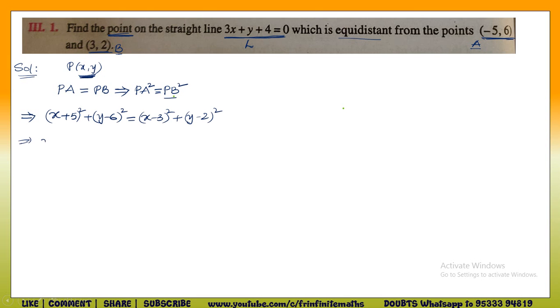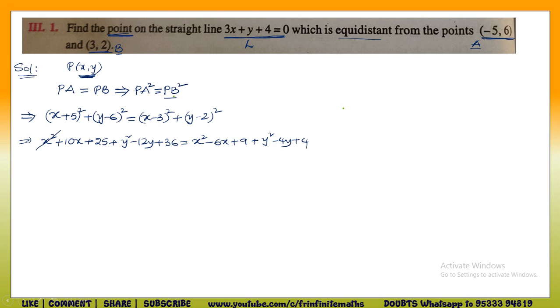Now on expansion, we get x square plus 10x plus 25 plus y square minus 12y plus 36 is equal to, on the right hand side, x square minus 6x plus 9 plus y square minus 4y plus 4.